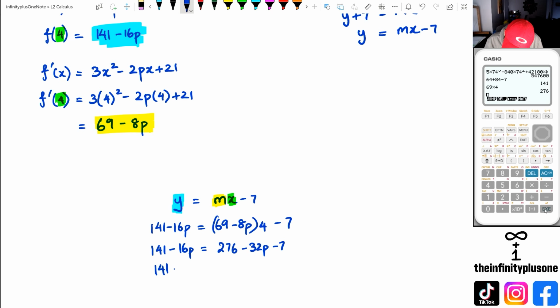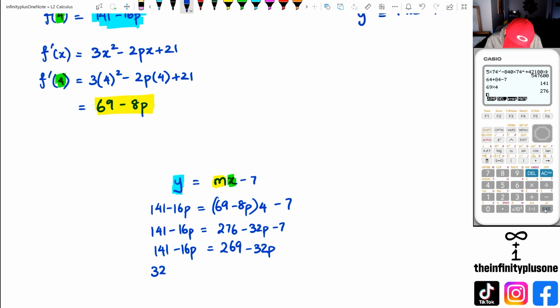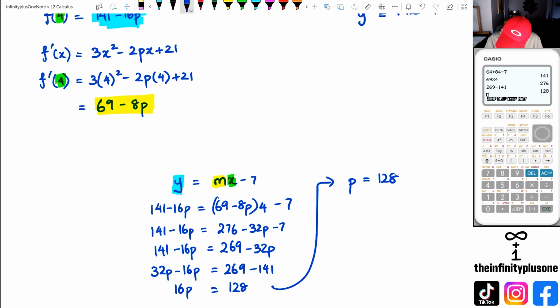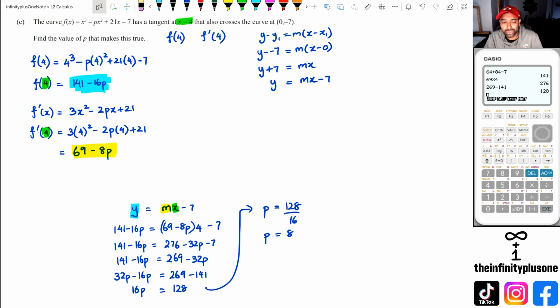So we're going to get 141 minus 16p equals 269 minus 32p. Bringing the 32p across: 32p minus 16p equals 269 minus 141. So I've got 16p equals 128, which gives p equals 128 divided by 16, which is equal to 8.